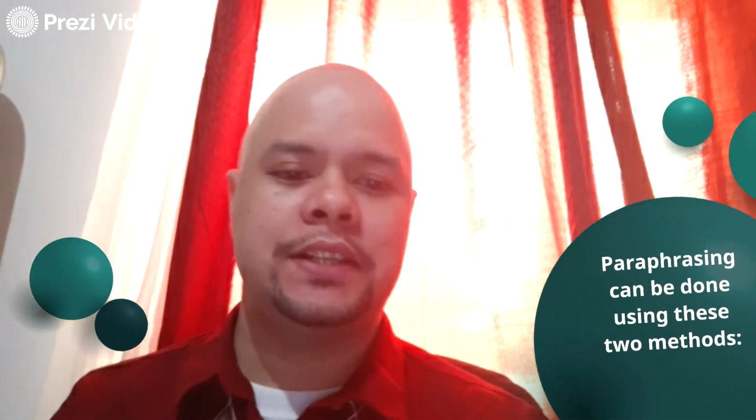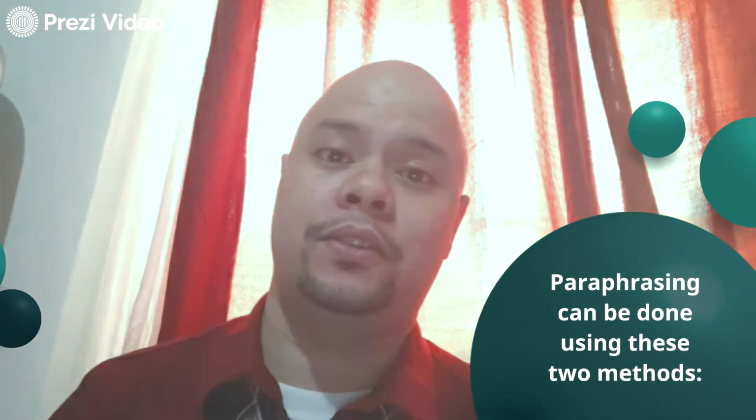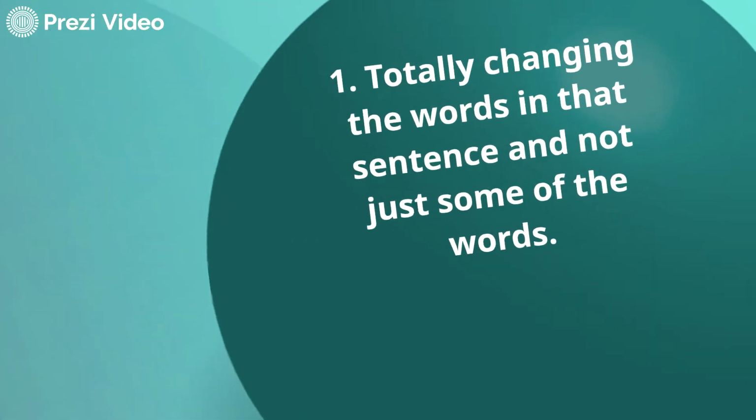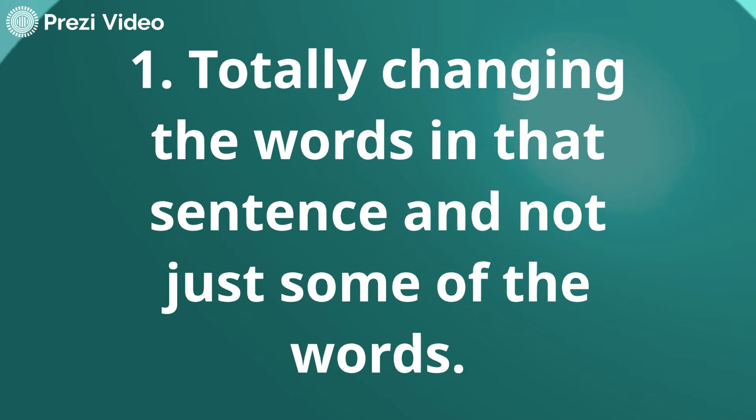Well, paraphrasing can be done using two methods. Okay? The first one is by totally changing the words in that sentence. Not just choosing one or two words to substitute, but to totally change how the sentence is worded. And this entails a good grasp of the language and a rich vocabulary.